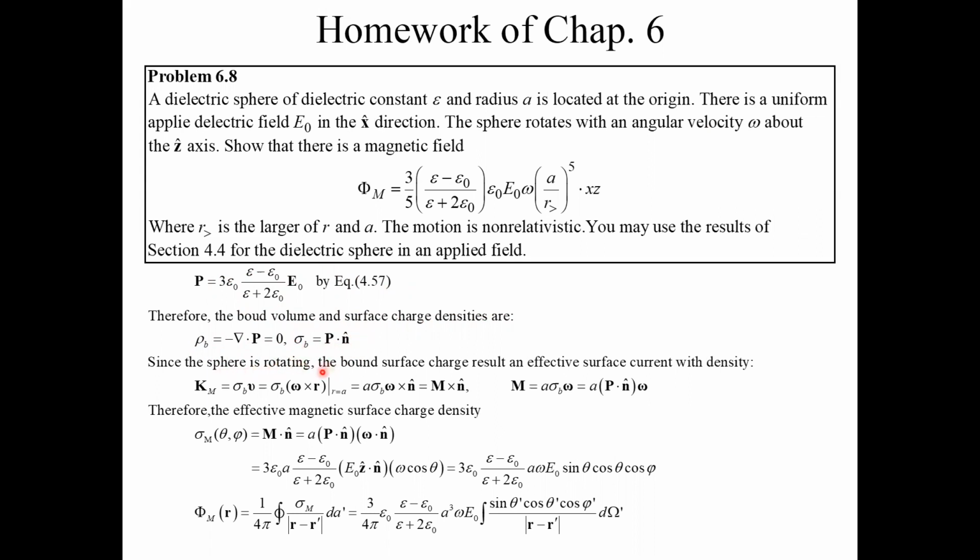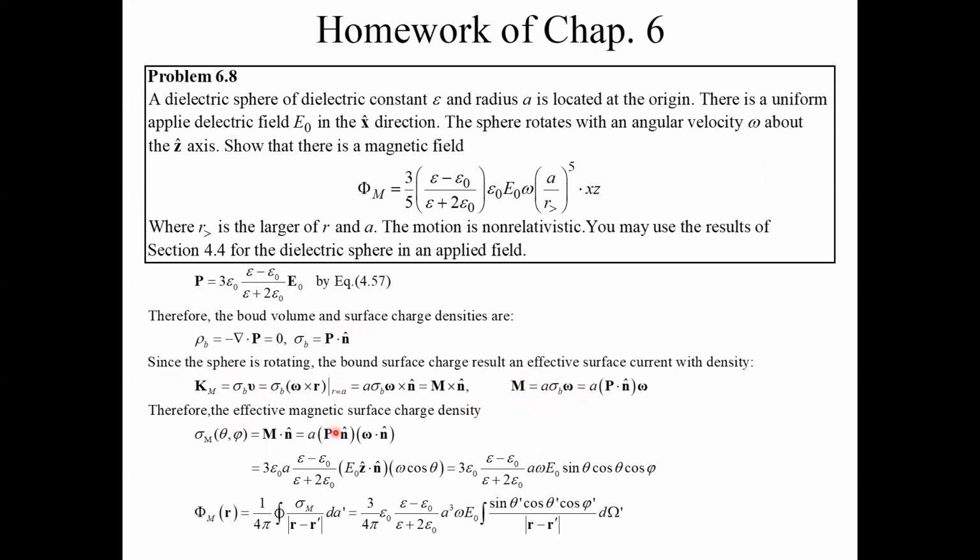And the sphere is rotating, so our bound charge will give our bound surface current here. And our magnetic dipole will be like this.